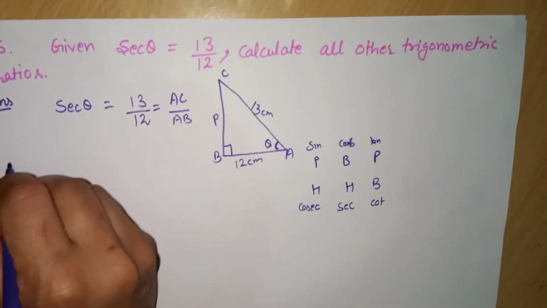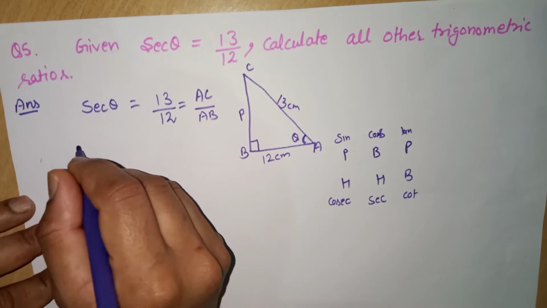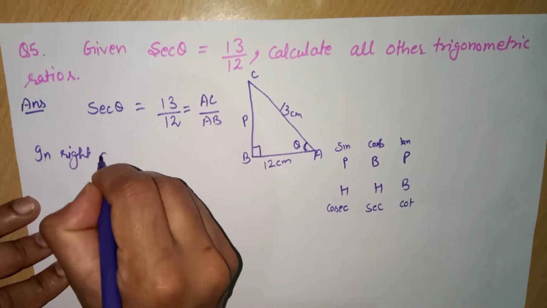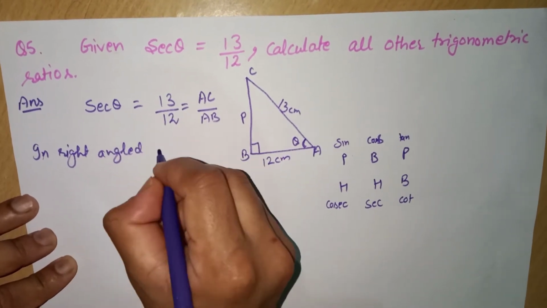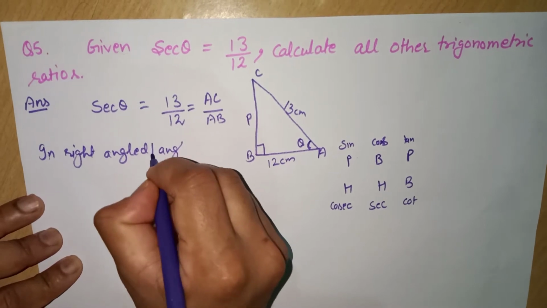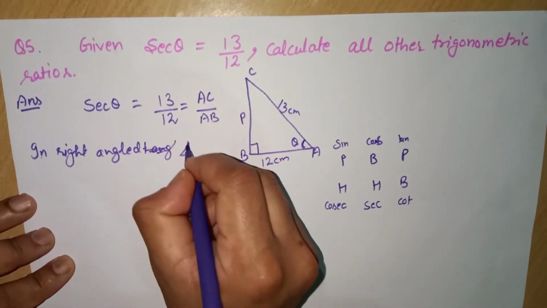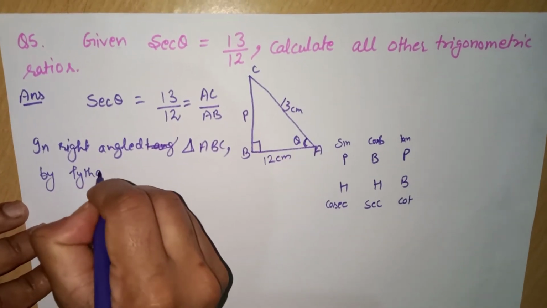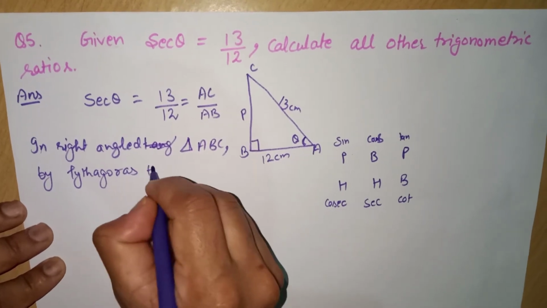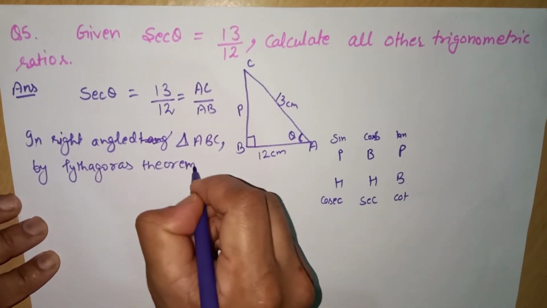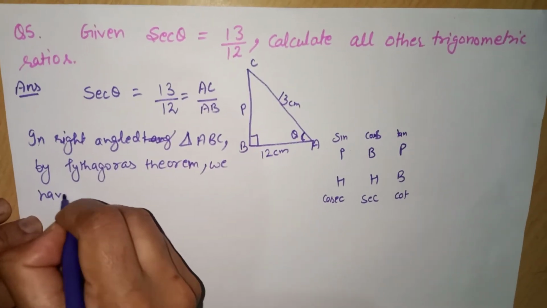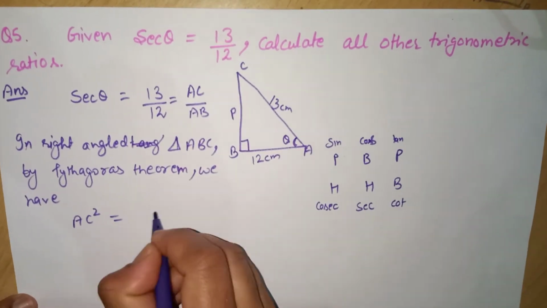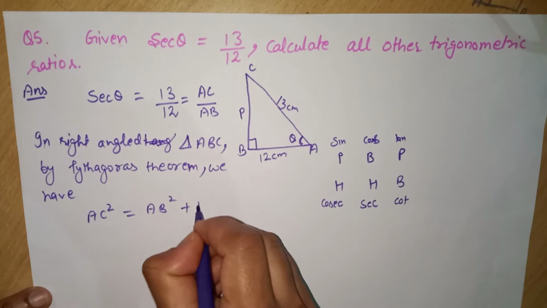As we did in the previous question, let's apply the Pythagoras theorem in right angled triangle ABC. In right angled triangle ABC, by Pythagoras theorem, hypotenuse square is equal to base square plus perpendicular square.